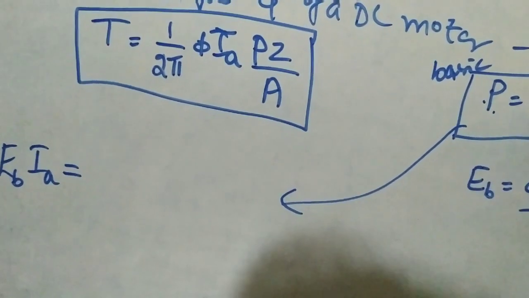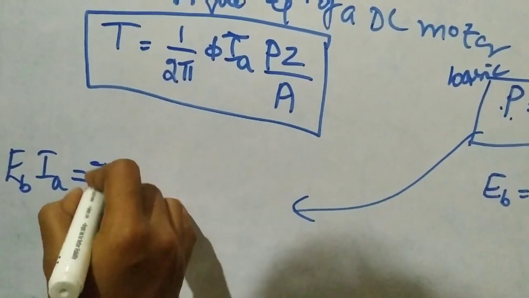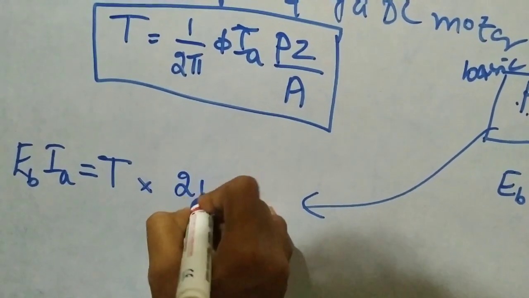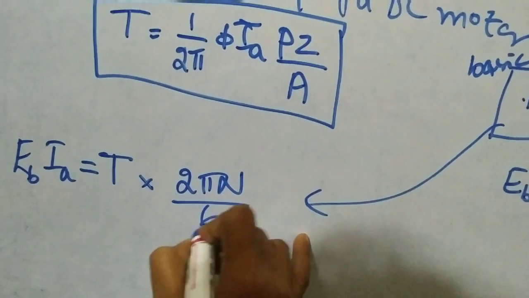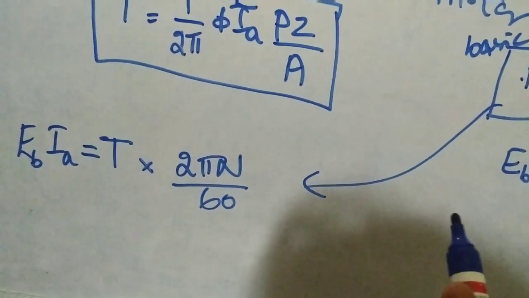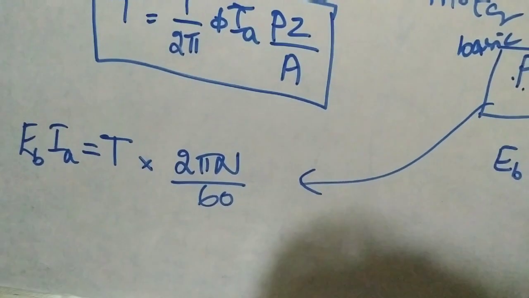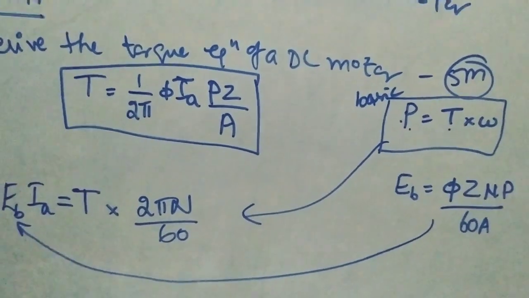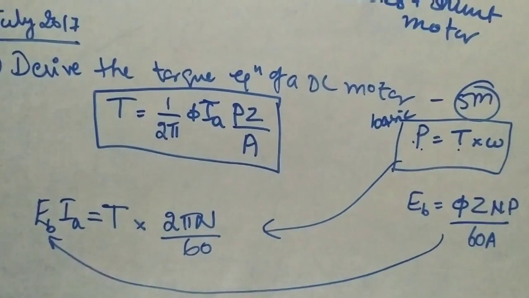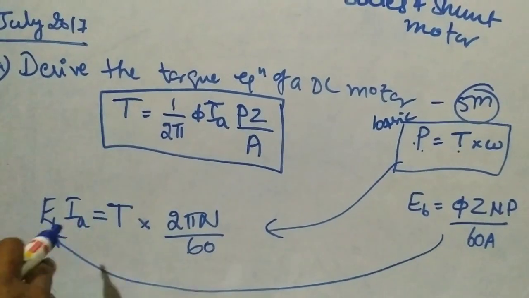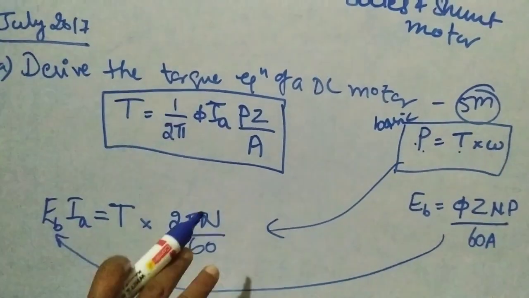Coming to the RHS, torque is what we require. Torque into omega is given by 2 pi n divided by 60. So what is EB? EB is equal to phi ZnP divided by 60 into A. Just substitute this value here. Then you have to cross multiply neatly.